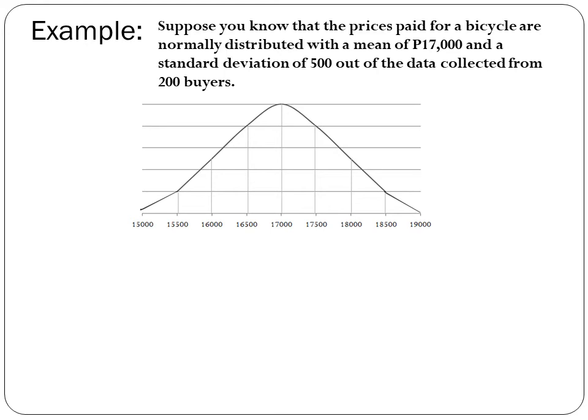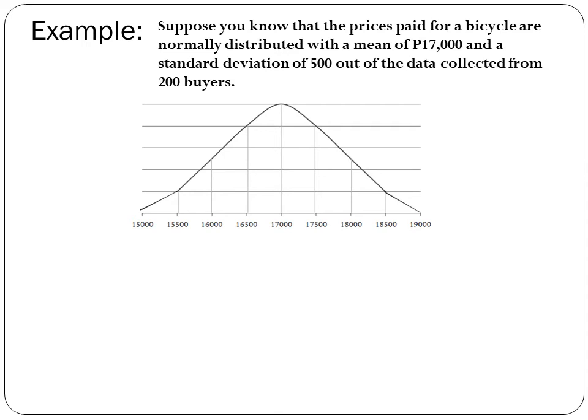So since the standard deviation is 500 pesos, so there will be a deficit of 500 pesos on the left side, and you're going to add another 500 pesos to the right side. That's why we have 16,500 as our next entry from 17,000 pesos on our left side, and we have 17,500 as our next value on the right. So the interval is 500 because that is the standard deviation.